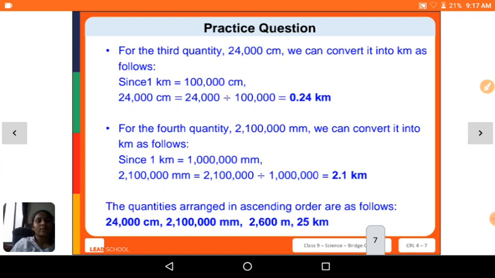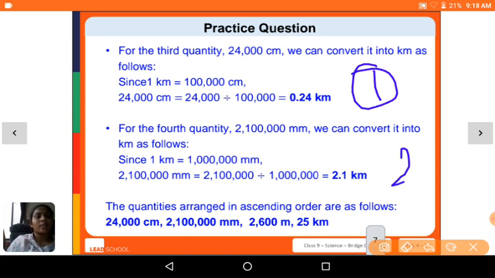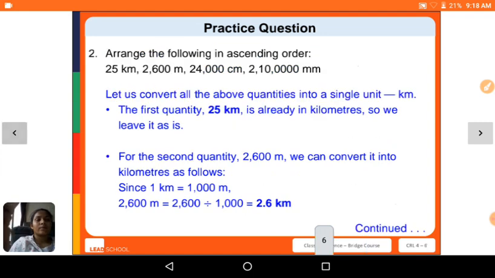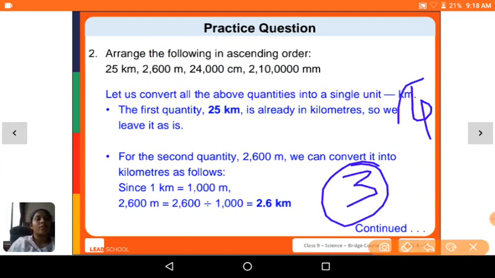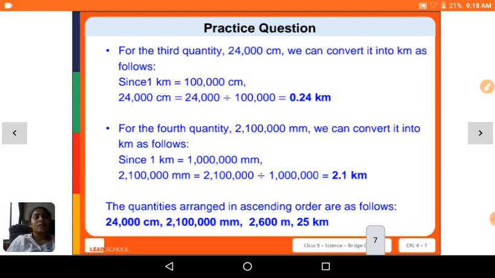Last, 25 kilometer is the largest one. 2.6 is smaller than 25, 2.1 is smaller than 2.6, and 0.24 is smaller than 2.1 kilometer. So this is how we arrange quantities in ascending order.